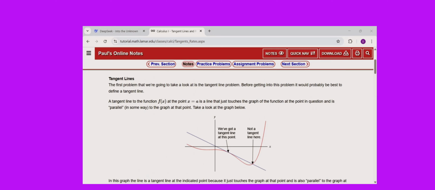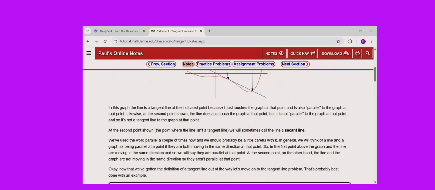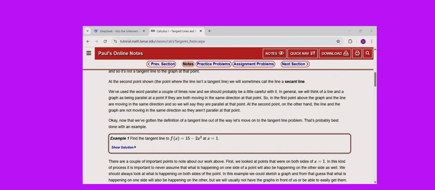This is the x-axis, this is the y-axis, the positive y-axis, positive x-axis, negative y-axis, and negative x-axis. Okay, a secant line here: the second point down, the point where the line is not tangent, we will sometimes call the line a secant line.